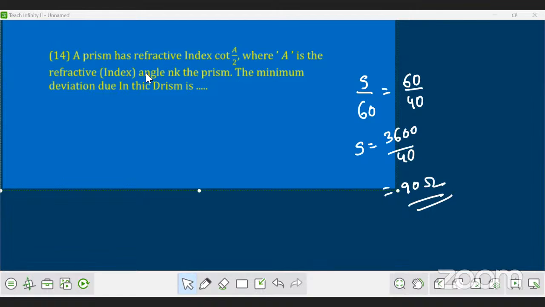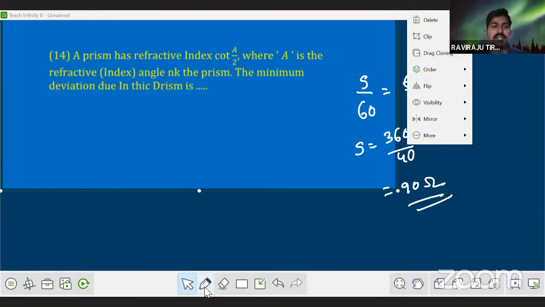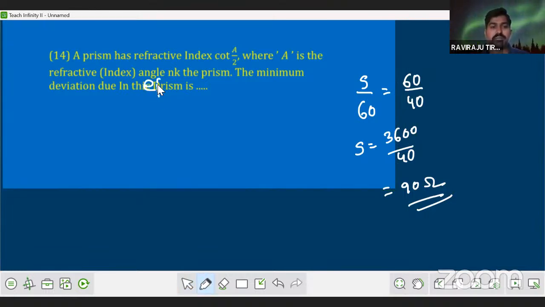I think some mistake is there in typing the question. It is the minimum deviation in the prism only.